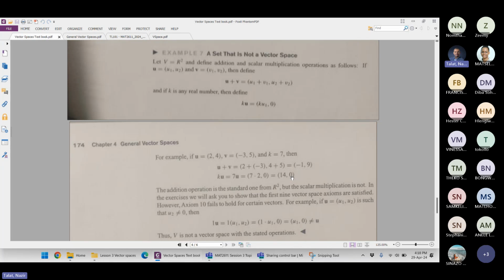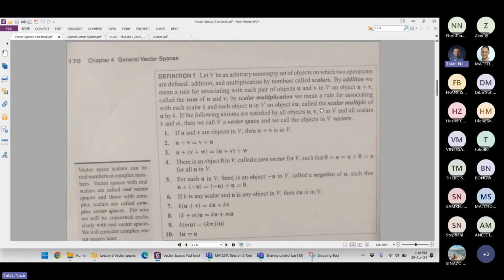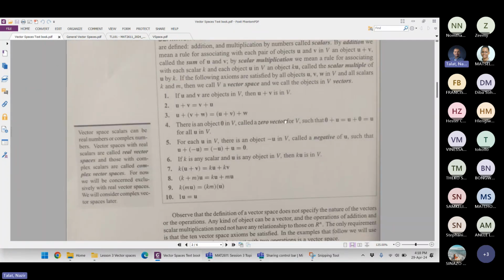Now what about the last axiom? If you know that 1 times u is equal to u, I'm asking about this axiom. As I told you, these 10 axioms, 1 to 10, must be on our fingertips, so 1 times u must be equal to u.